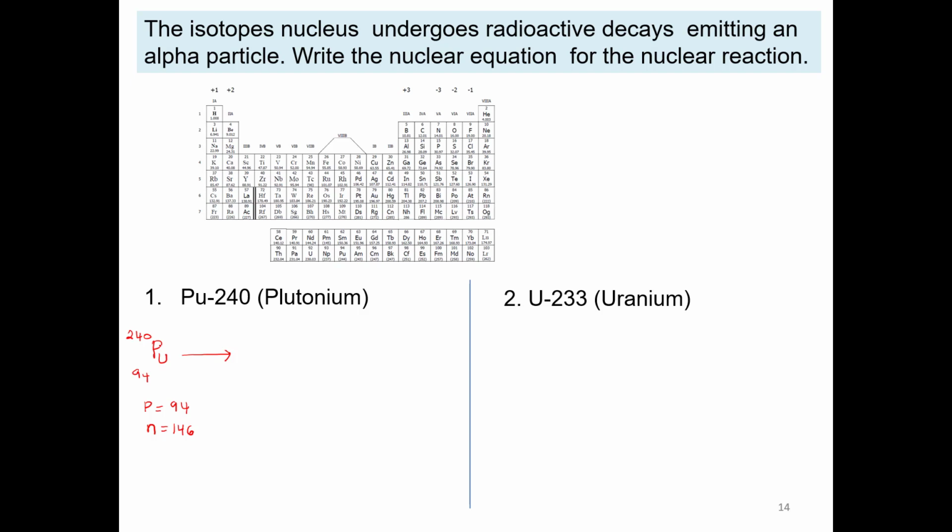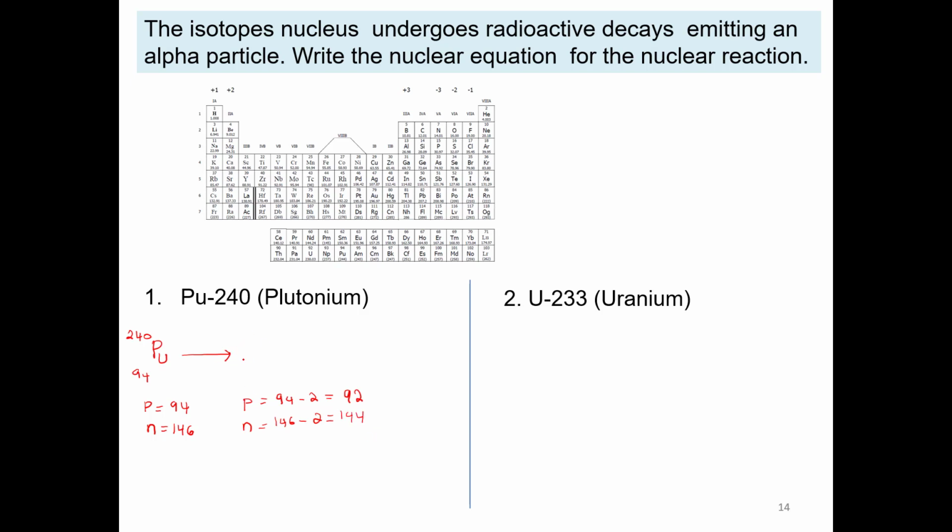The number of protons will be 94 minus 2, because plutonium loses 2 protons to be more stable, and we have 92 here. Also, to be more stable, the nucleus of plutonium emits 2 neutrons, so we have 146 minus 2, which is 144.